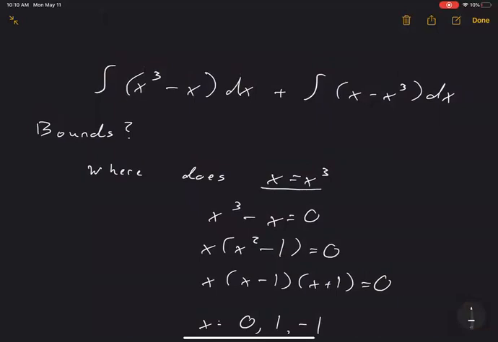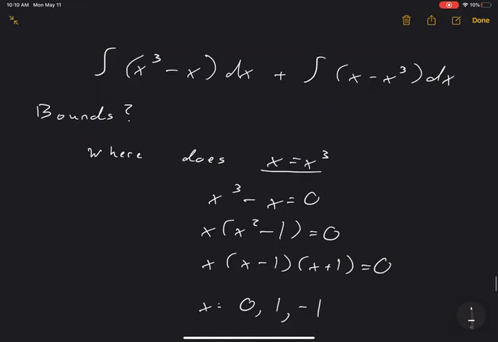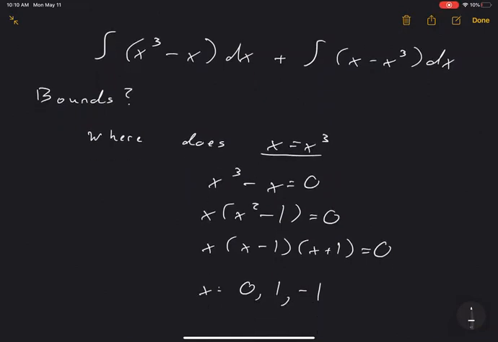So I'm going to start by setting x equal to x cubed, and then I'm going to solve for x. At this point, I'll introduce the common mistake people make. We've set x equal to x cubed, and then the temptation is to just divide out x from both sides, and you get 1 equals x squared.